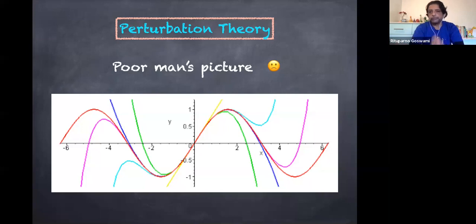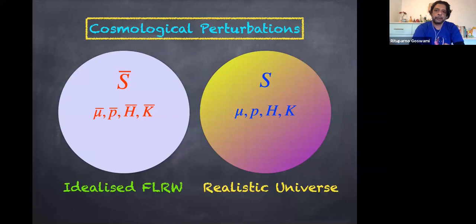The same should be true for cosmological perturbation theory too. So what we generally do is think of an absolutely idealized Friedmann-Lemaitre-Robertson-Walker universe, which is towards my left in the picture.